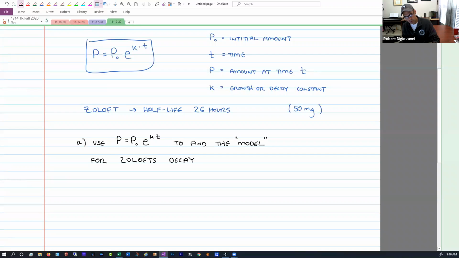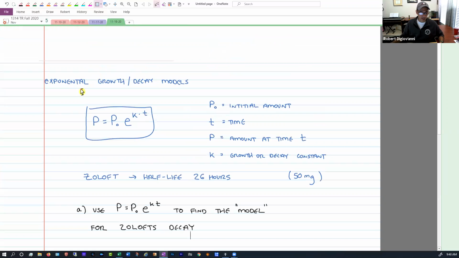In other words, over time, the Zoloft in the person's bloodstream is dying down, right? So it's a decay. It's not a growth, it's a decay. The model we're looking at here can be used for both growth and decay. For us in this problem, it's a decay model.